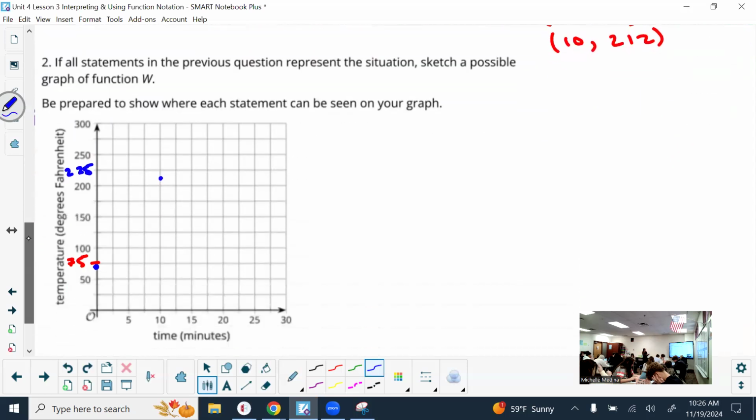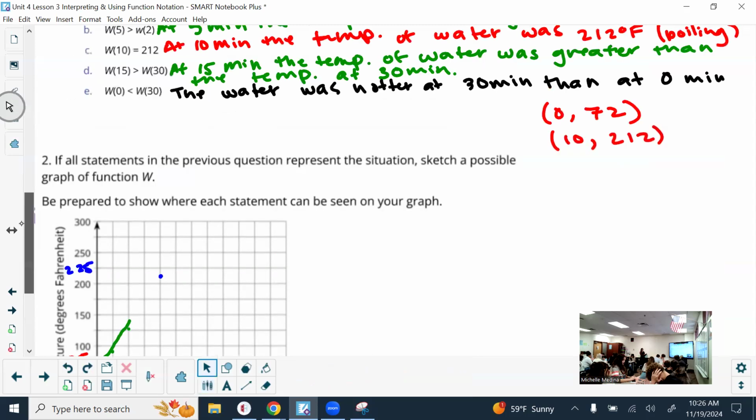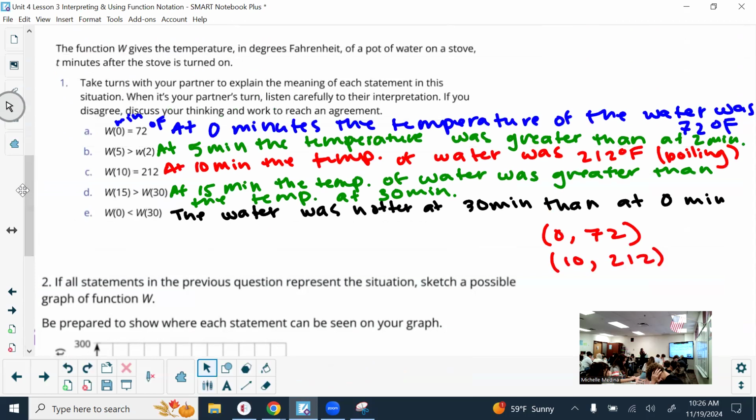So I know my output for the W of 5 will be higher than the output for the W of 2. So I don't know, something like this. They just have to be higher than each other. So if I were to start sketching, that's trending upward. Right, water gets hotter. We're trying to boil it.